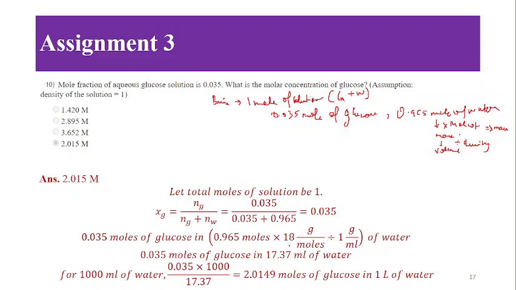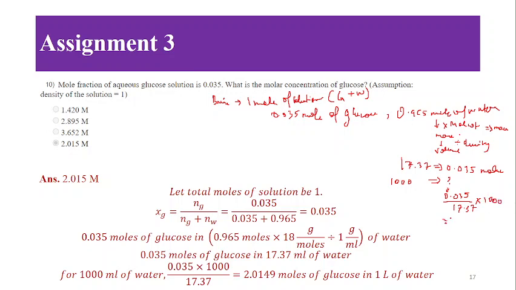Using the unitary method, in 17.37 ml of water, if there are 0.035 moles, how many will be there for 1000? So it comes out to be 0.035 upon 17.37 into 1000.